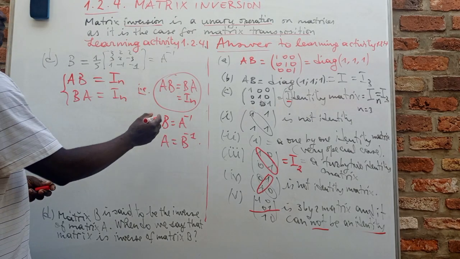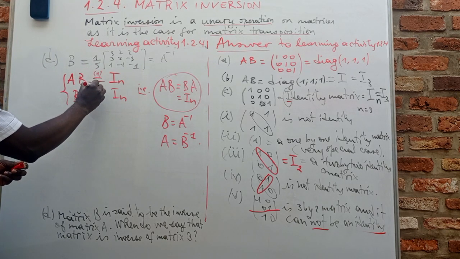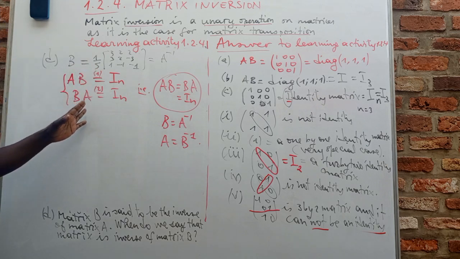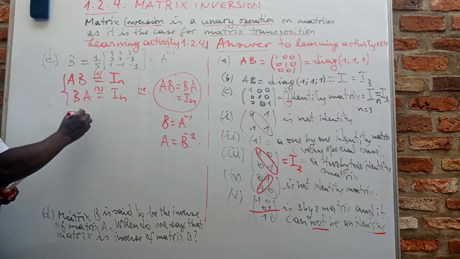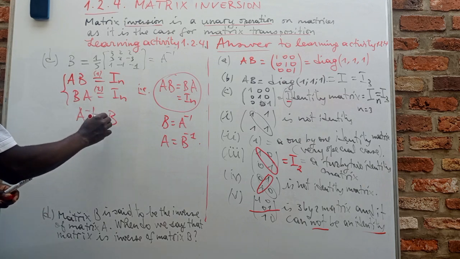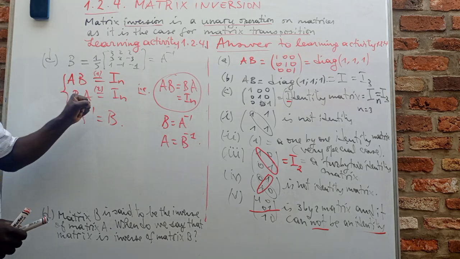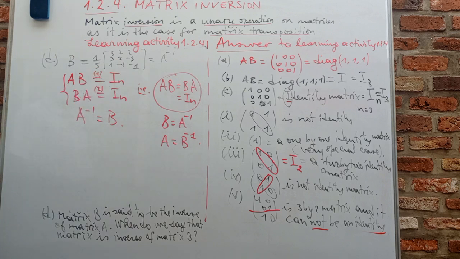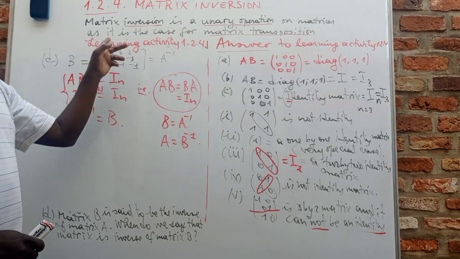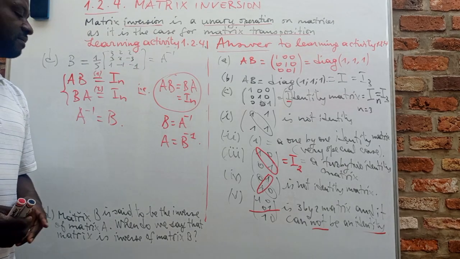So from one of these two identities, either the first or the second, we can calculate the inverse, and obtain matrix B. This will be the application activity 1 to 4, after this learning activity, in our next video.